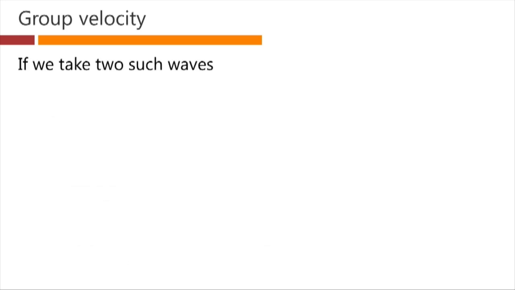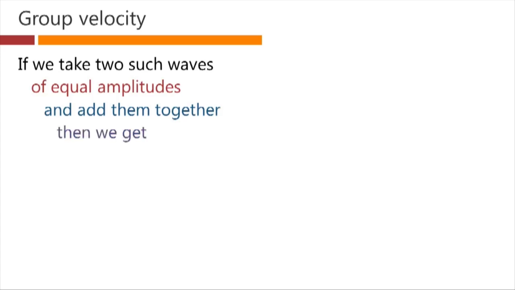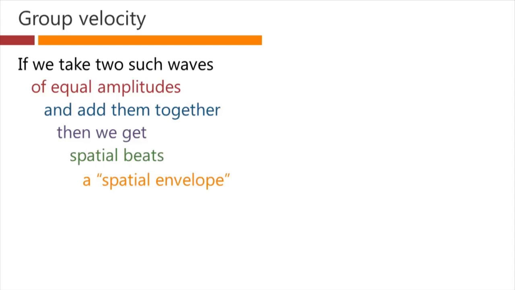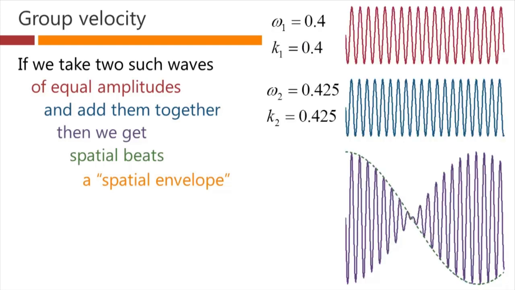So let's take two such waves of equal amplitudes and add them together. What we'll see are spatial beats, a kind of spatial envelope over the underlying wave. So here are the two waves we're going to add together, this one here, the red one, this one here, the blue one, and what we're going to get as a result is the purple one.